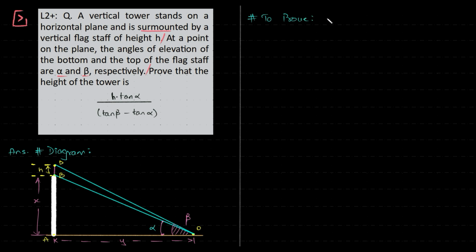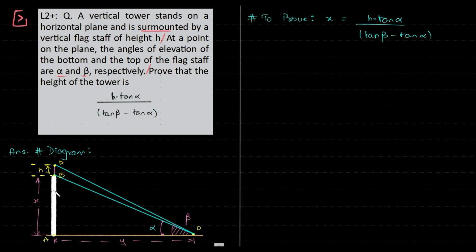So we have to prove as per the diagram, x is equal to h times tan alpha, divided by tan beta minus tan alpha. Yeah, this would be your given, a vertical staff of height h. Everything is ready. Now how will we go about doing this?